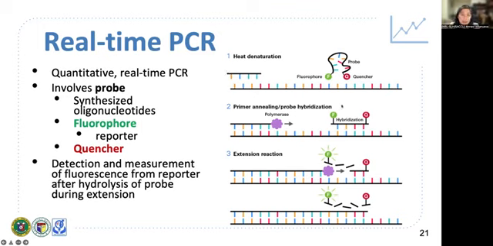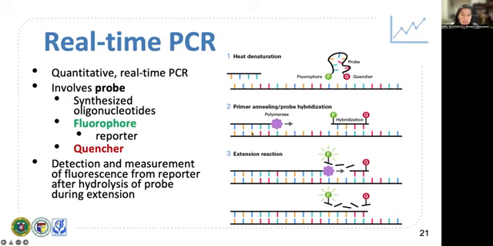And dito papasok yung difference sa primer annealing because together with the annealing of your primers at this step, you also have annealing of your probe or the hybridization of your probe. So as you can see, medyo katulad ni primer si probe.